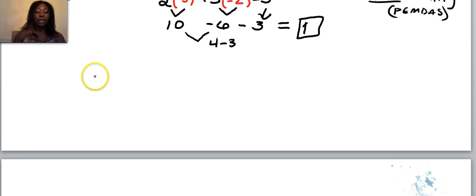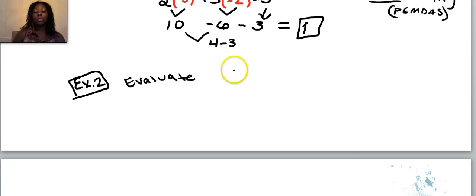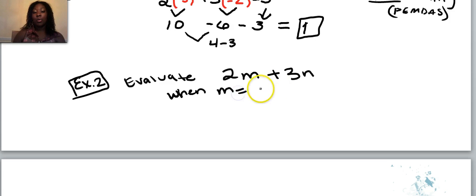Let's give you a second example. Example 2. Evaluate 2m plus 3n, when m equals a and n equals z.